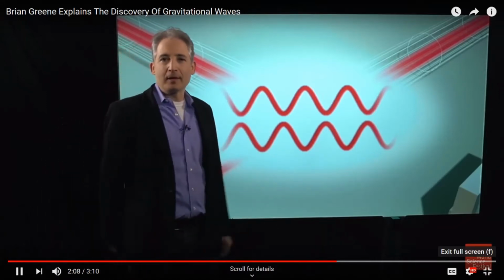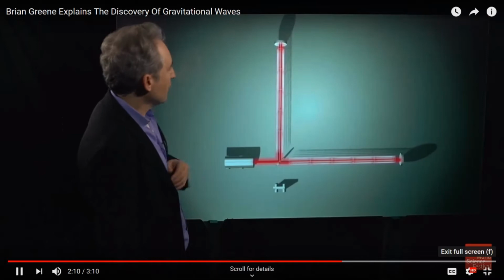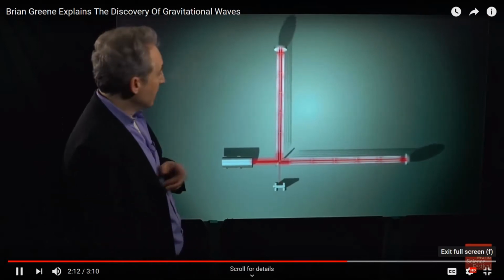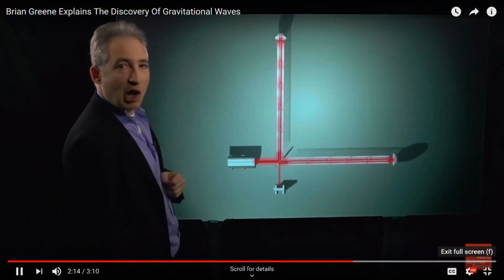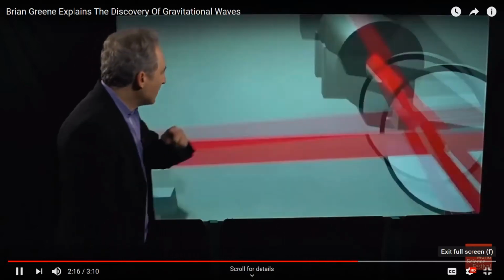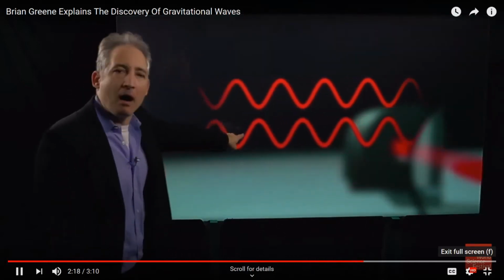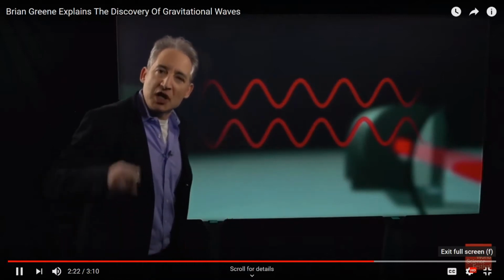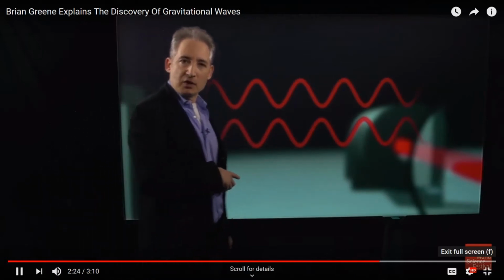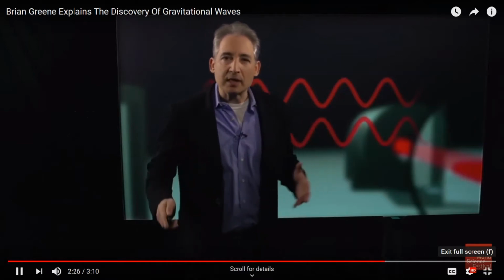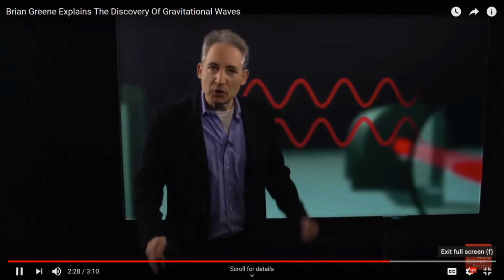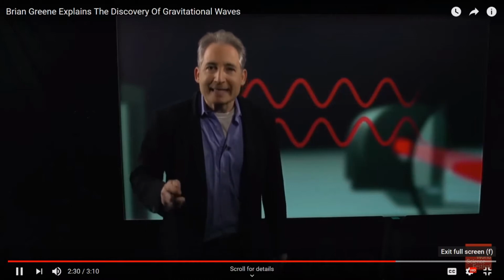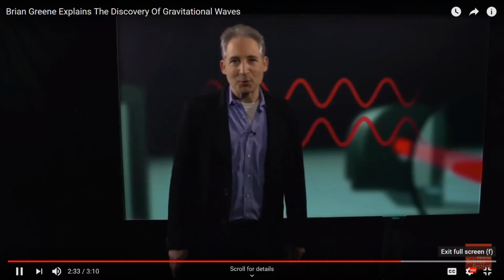But the only thing that you need to grasp is that were a gravitational wave to roll by, it would squeeze and stretch the arms of the detector, and that would have a measurable impact on that interference pattern, causing it to shift. And it's just that kind of shift in the interference pattern that the LIGO team has now observed. The first direct detection of gravitational waves.